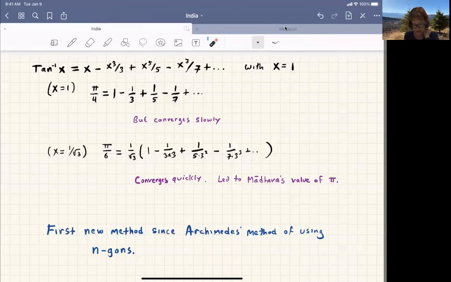Well, it turns out that pi over 4, since tangent of pi over 4 is 1, is actually equal to the series that was given by Madhava. Now, this series converges very slowly, but it does indeed converge to the desired result, which is pi over 4.